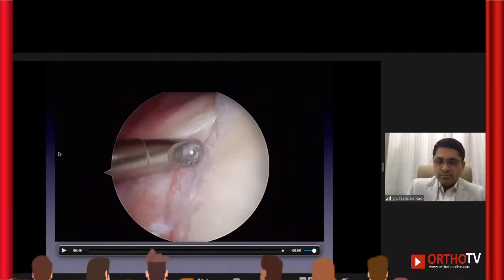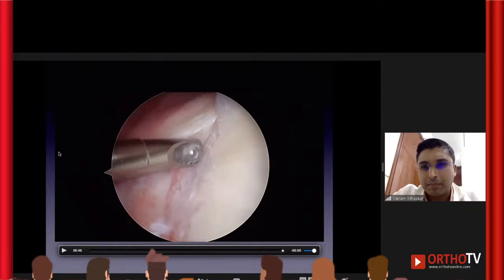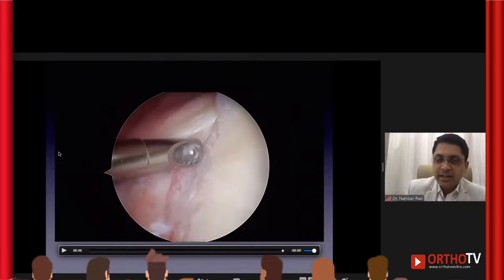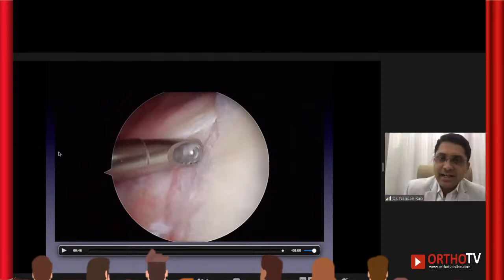So it is basically an anterior labral tear extending into the biceps root, if I'm not wrong, with no significant bone loss. Okay, perfect. So I would be repairing the anterior labrum and possibly avoid over constraining the SLAP region or the biceps root region.